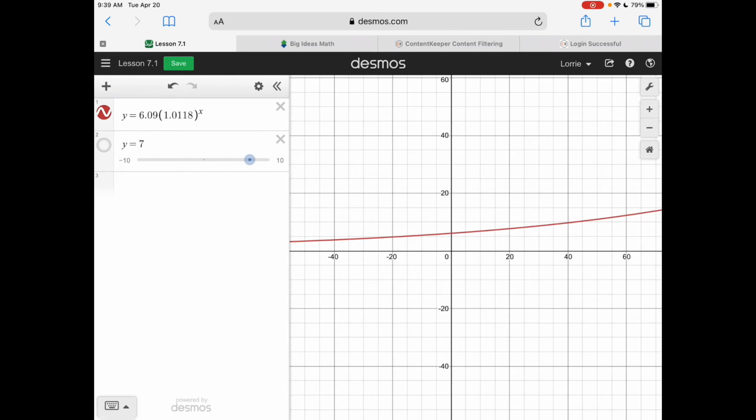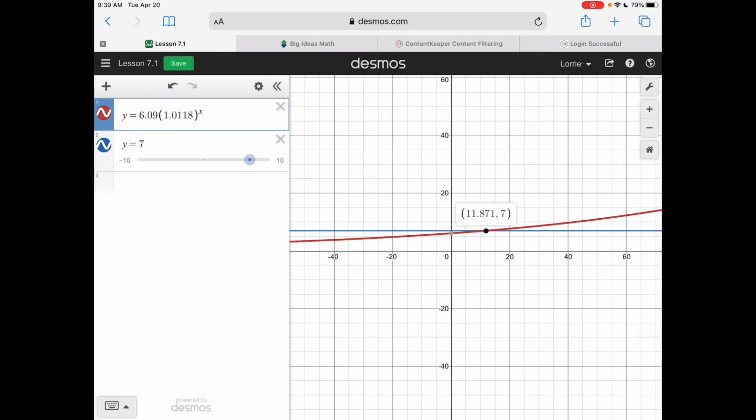And so I went ahead and plotted a second line at y equals 7, and simply look at the intersection, 11.87. If you were doing this on the calculator, you would do second and graph to look at the table and find when the y value is 7, what our x value was, and you would get the same thing, 11.871.